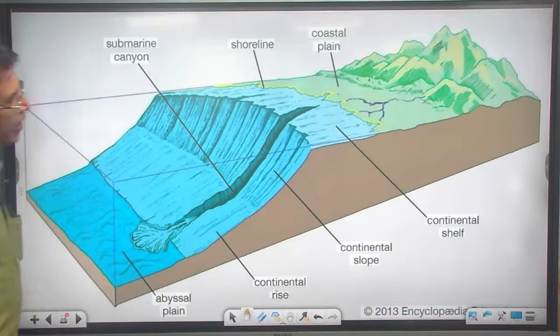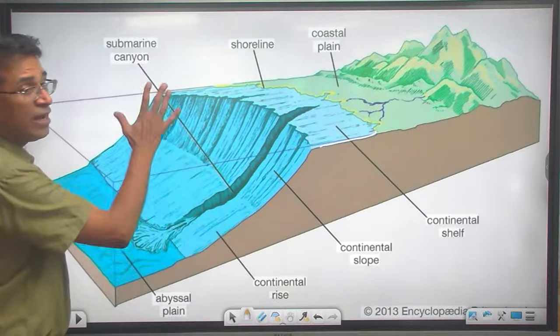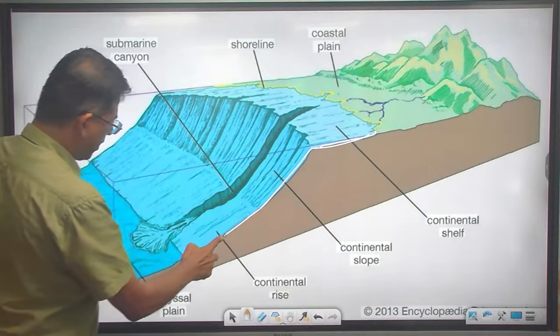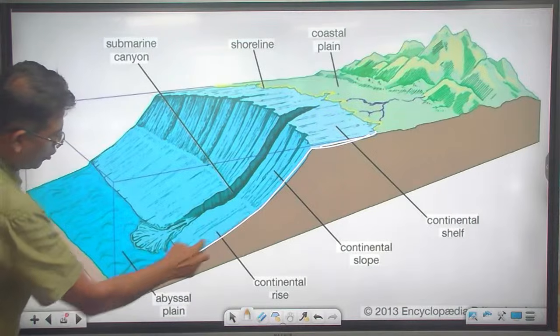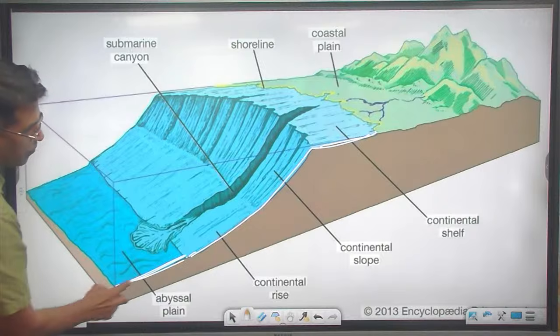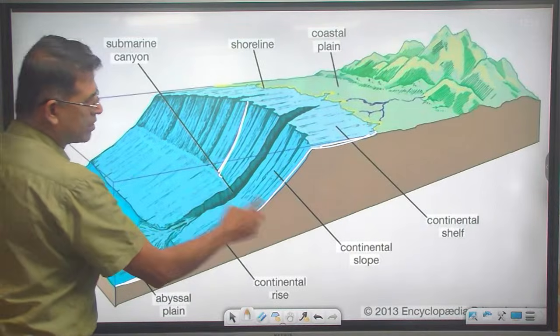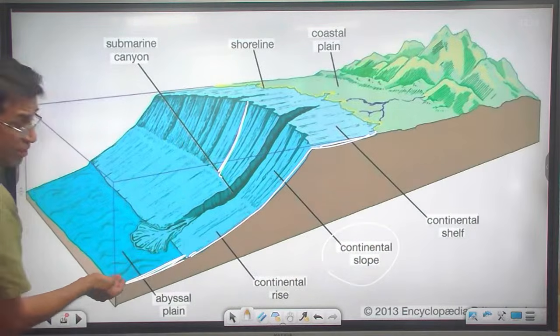I have shown this to you already, and here is another form of it. You can see again, the shelf is very shallow, which gives a sense of scale. This whole part is the slope. Then you have a transition part here, and ultimately you have the abyssal plains. This steep slope from here to here is the continental slope. This is the transition part and the abyssal plains.